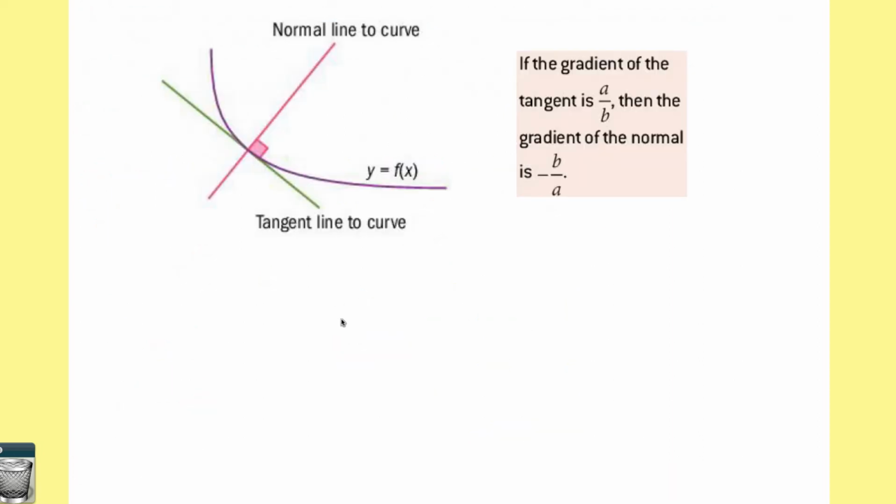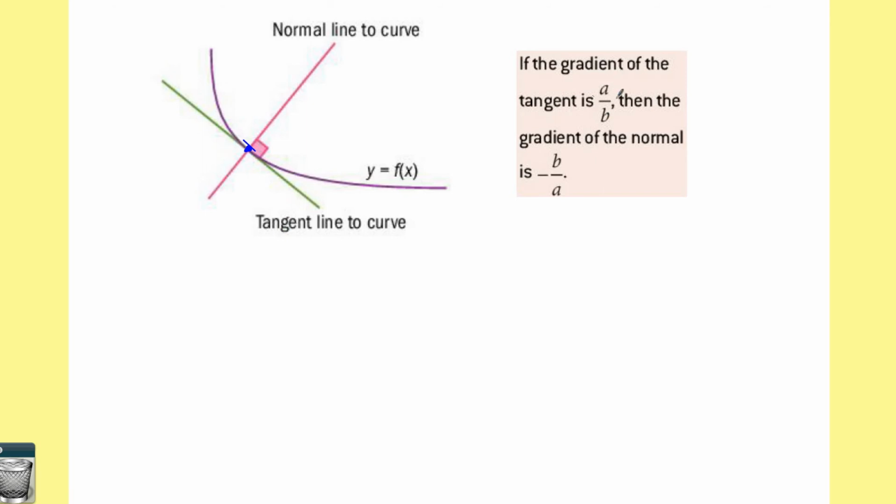Okay, so if I want to find the normal or the tangent line, my purple is my original graph, and I've got some point on that purple graph, and I find the slope. That helps me with the tangent line. The slope at that point is also the slope of the tangent line.